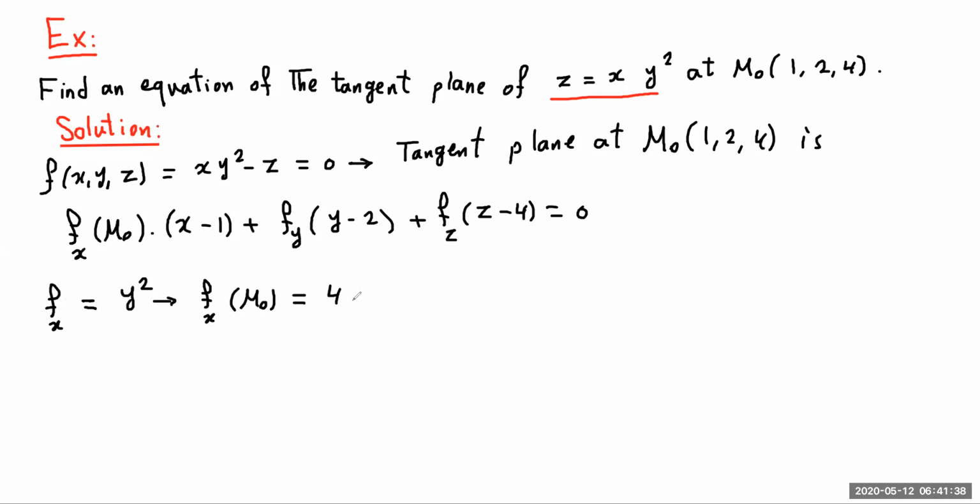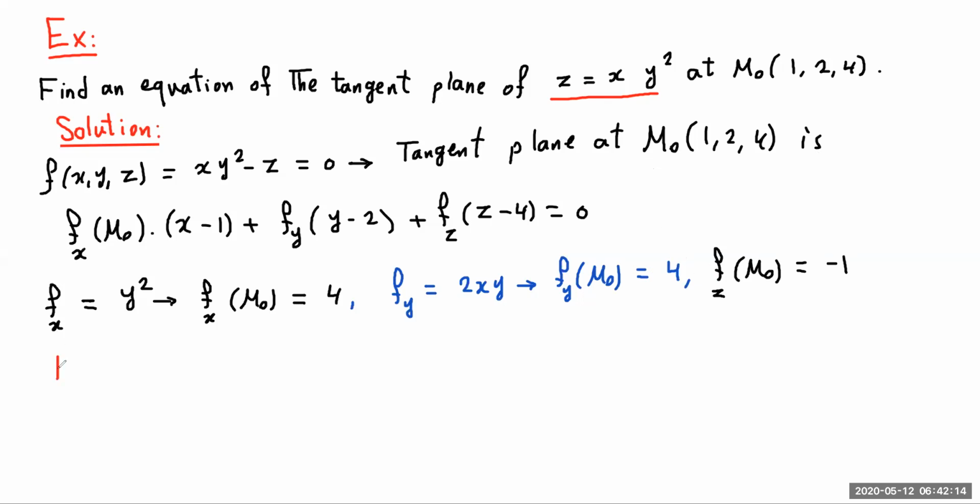Let's calculate in another color. Fy is 2xy. So fy at M0 will be 2 times 1 times 2, so it's 4 also. Let's calculate finally fz at M0. fz is minus 1, so at M0 it will also be minus 1.